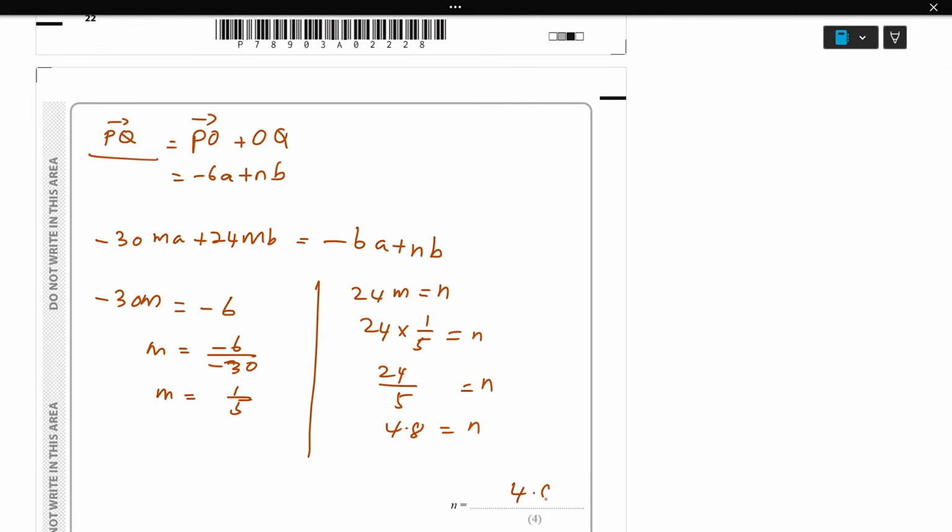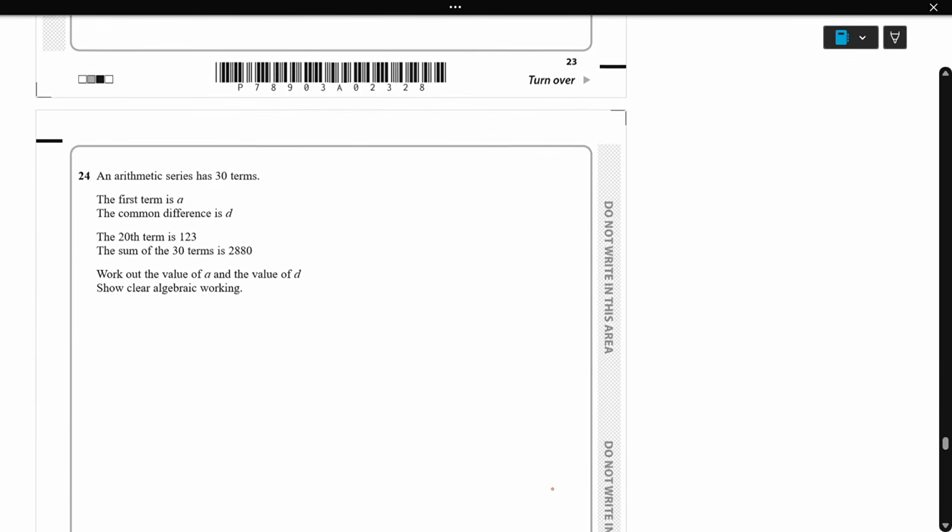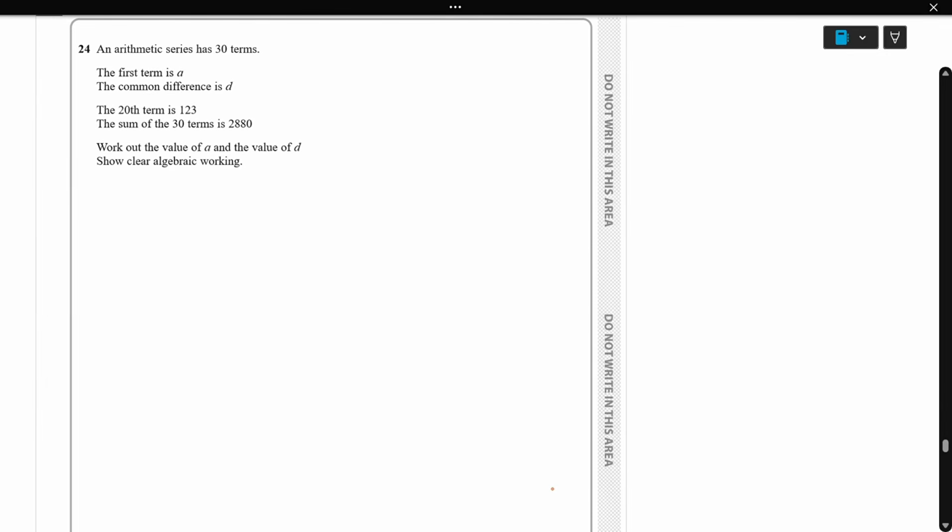So we want n, so 24 times m value, just substitute here. m is 1 by 5, so 24 over 5 equal to n, which is 4.8. So n value is 4.8.